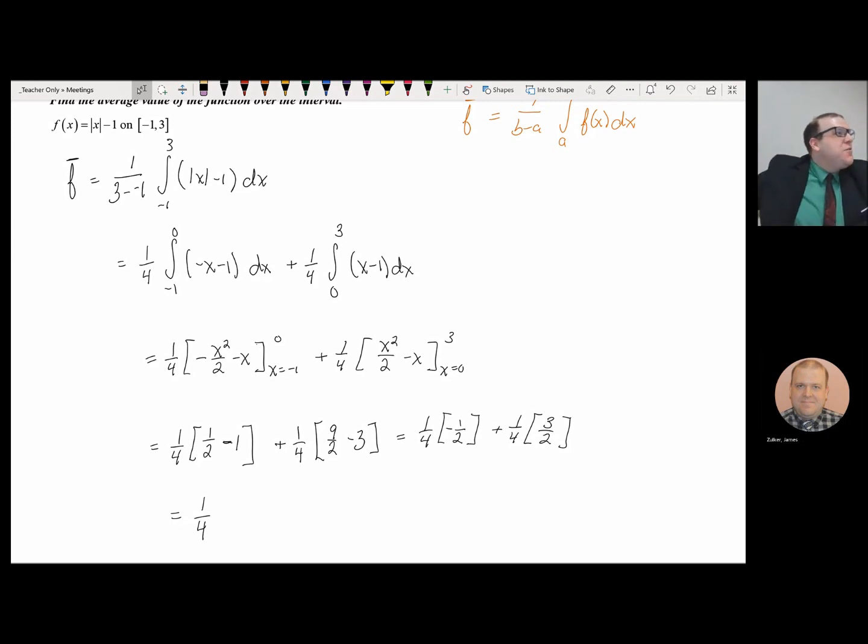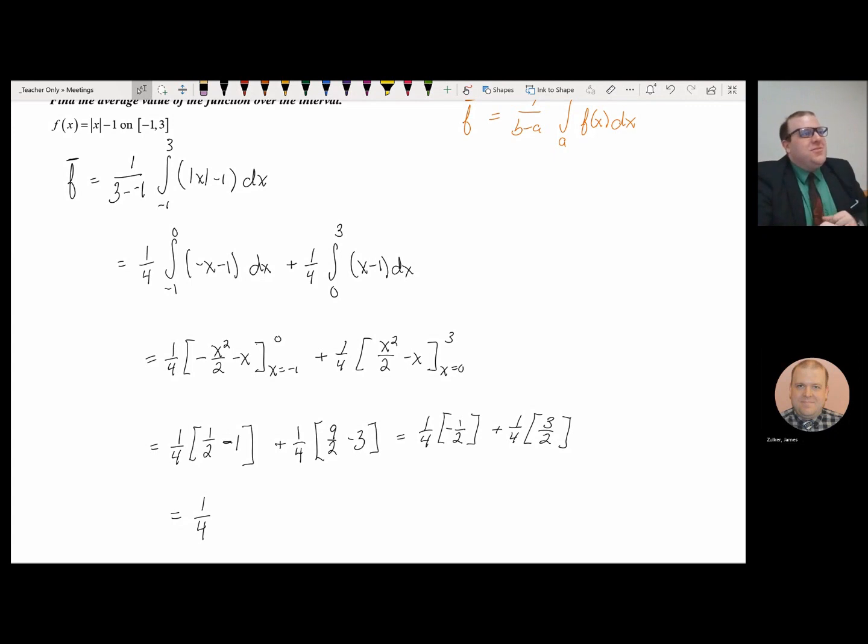There's also only an average value if your function's continuous over the interval. If it's discontinuous over the interval, it wouldn't have an average value because you can't integrate it. Well, you could separate it. Right, but then you'd have two separate intervals. Even if there's one point of discontinuity, what happens if you try to sum a value that doesn't exist?